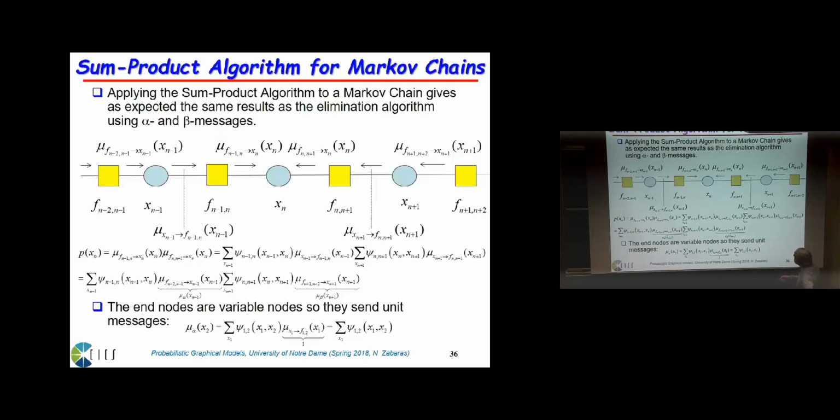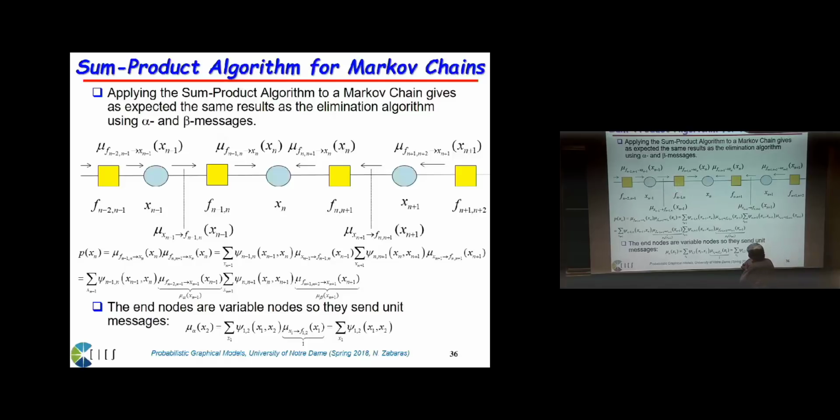So this is the factor. Don't pay attention to this summation. Is this message equal to this summation, and where is that coming from? In words, this is the message from this factor to this node. To compute that message, from a factor to a node, what do you need to do?